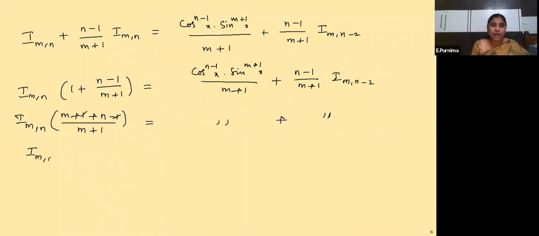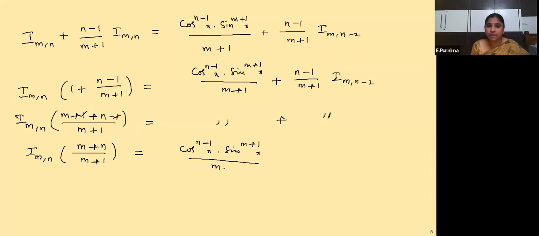I_{m,n} into (m+n)/(m+1) is equal to cos^(n-1)x · sin^(m+1)x/(m+1) plus (n-1)/(m+1) into I_{m,n-2}.